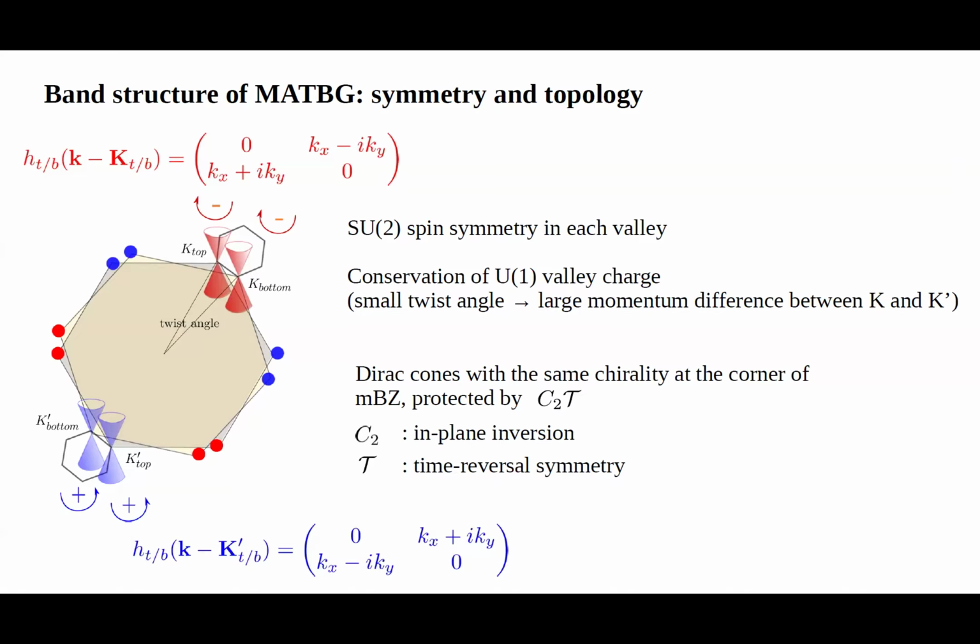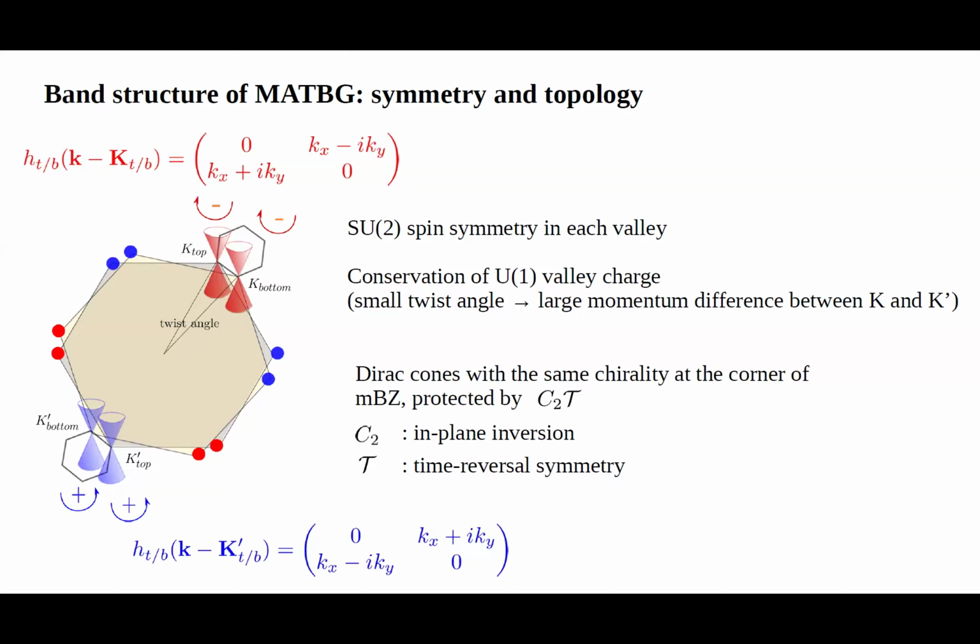T is time reversal symmetry, and C2 is in-plane rotation symmetry, so in-plane inversion. So we have the same Dirac cones as graphene protected by the same symmetry, but they have a very different property, which is that for two corners of the mini Brillouin zone, the Dirac cones have the same chirality. So they have the same chirality throughout this valley, and then the opposite chirality throughout this other valley.